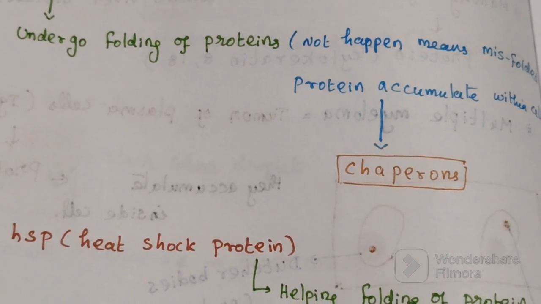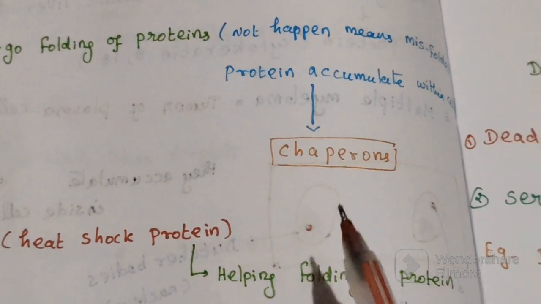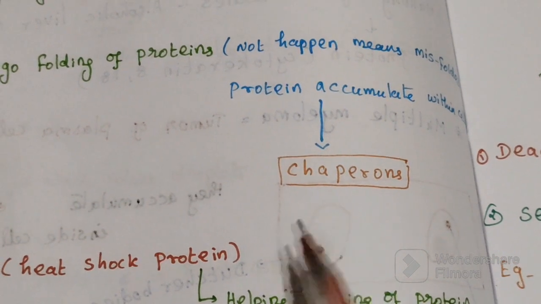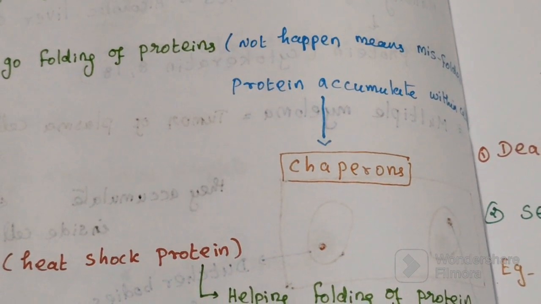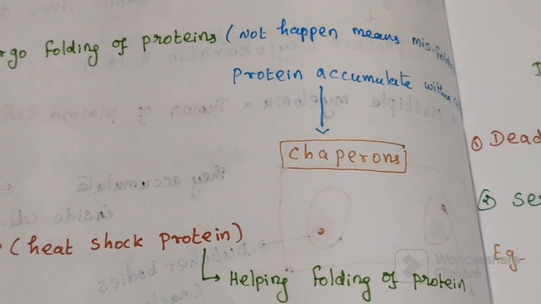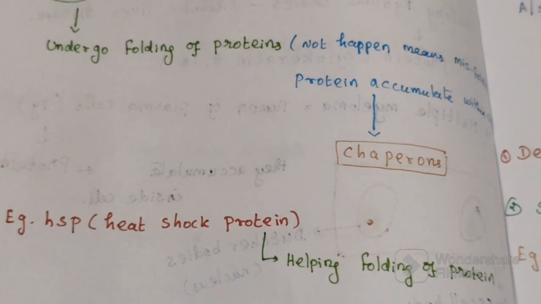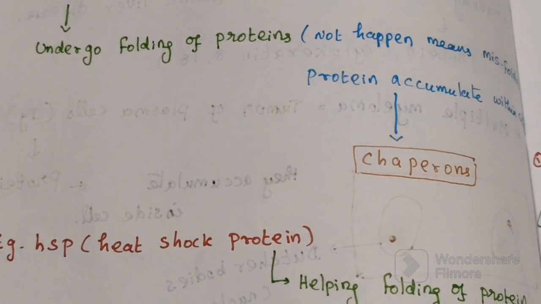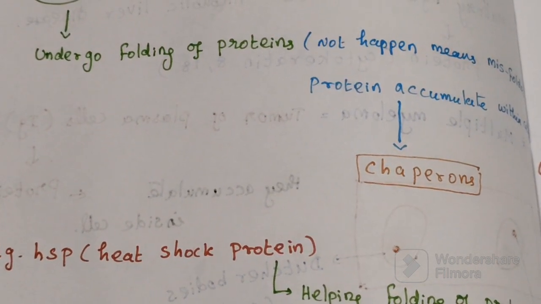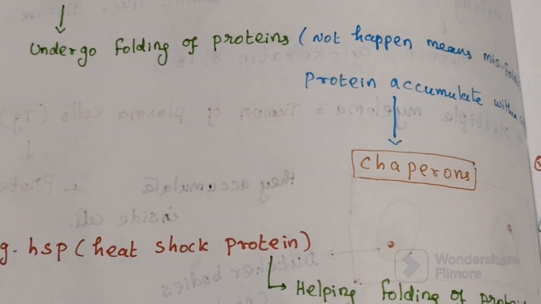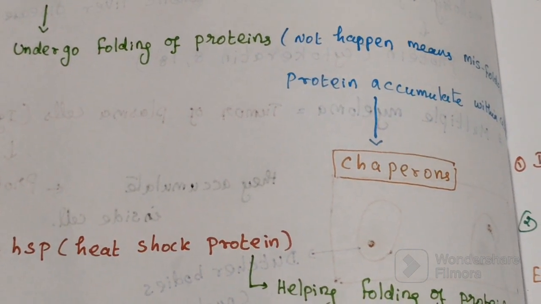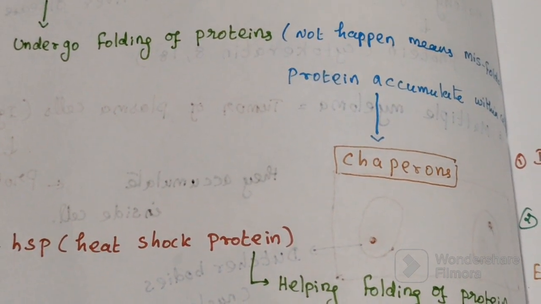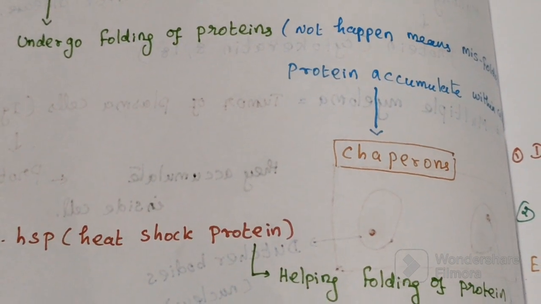These are helping in the folding of protein. If there is a defect in folding of protein, what will happen? Misfolded protein. This misfolded protein accumulates within the cells.